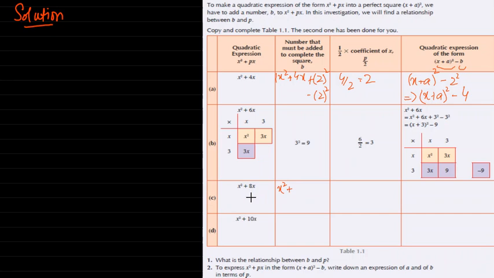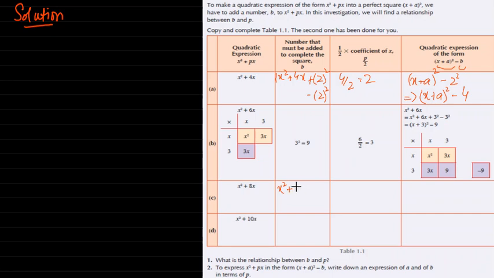I can say 8 is equal to 4 plus 4, and as I told you previously as well, if the coefficient of x can be converted into the addition of two symmetrical numbers like 4 plus 4, and provided that x square has a coefficient of 1, which is already there, I can simply write that 4 square can be added to make the a plus b whole square form, and then as I am adding 4 square, I have to delete 4 square from the formula in order to ensure the equation remains unchanged.